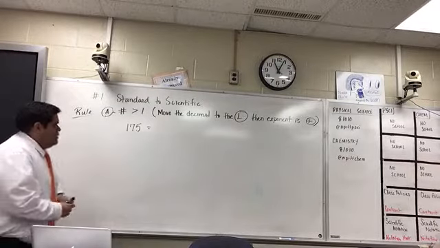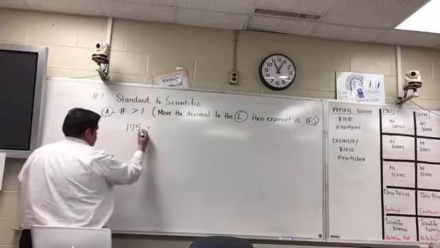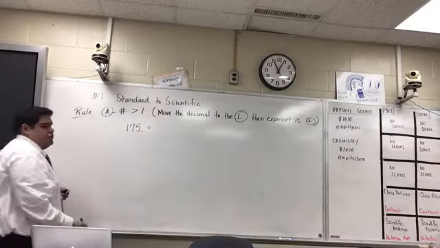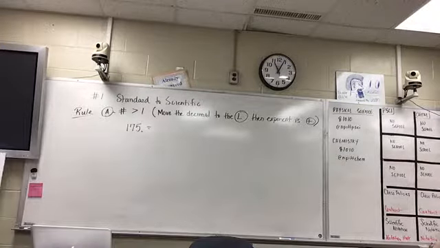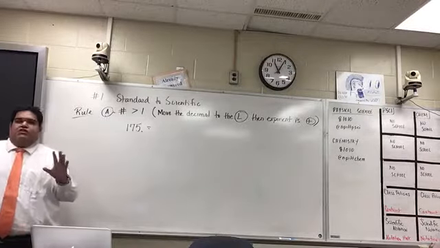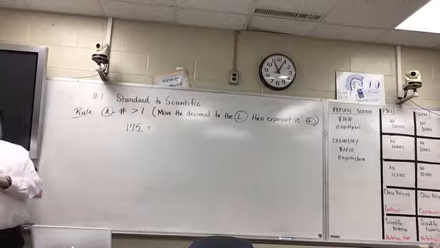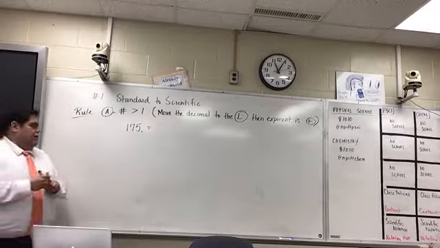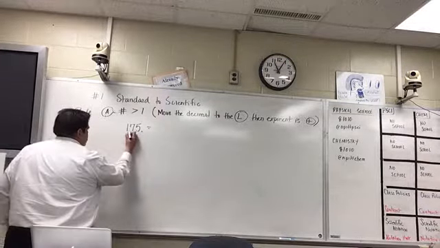So my decimal is right here. Okay? That's where my decimal is right now. Are we good with that? Now, if my decimal is right there and that were the integer, would I be good? No? All right. So then my question is, where do I want to put my decimal? Okay. Behind the 1 and in front of the 7.